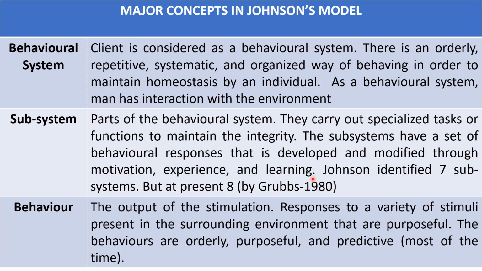So that is how the subsystems' behavioral things will change. Johnson identified 7 subsystems, but at present when we are discussing, we will be seeing 8 subsystems, which was later given by Grubbs in 1980.